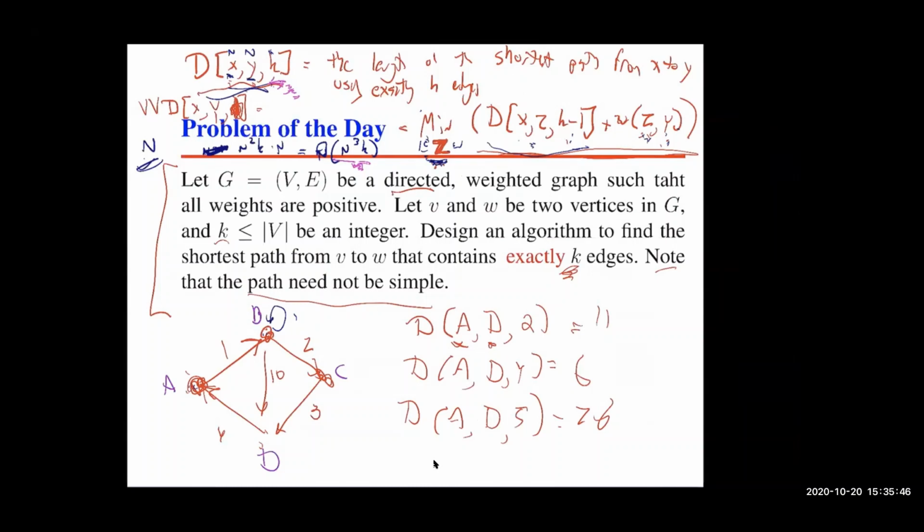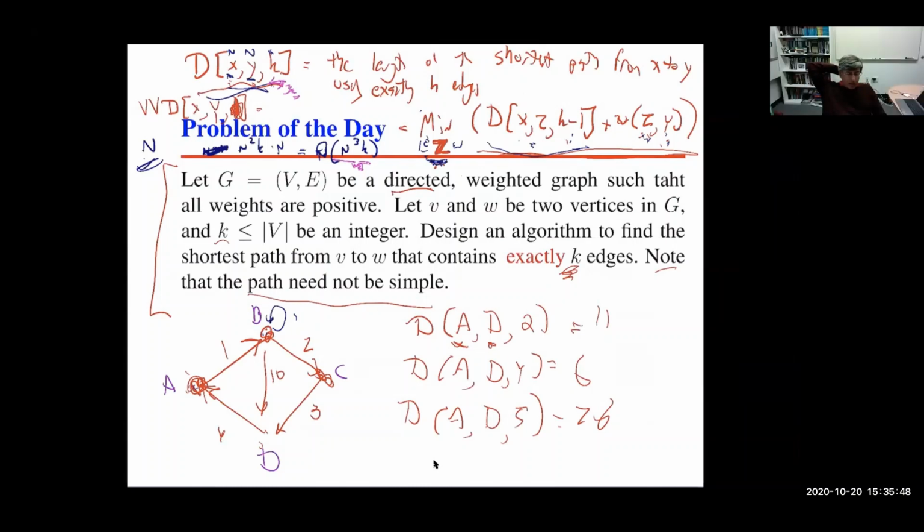Turns out I may not need to, and that's something you could use. The truth is, if you're a little bit clever about this, you can get away with less space. One thing is, do I need to keep all k of these matrices around? Or once I've computed the second one, do I need the first one anymore?